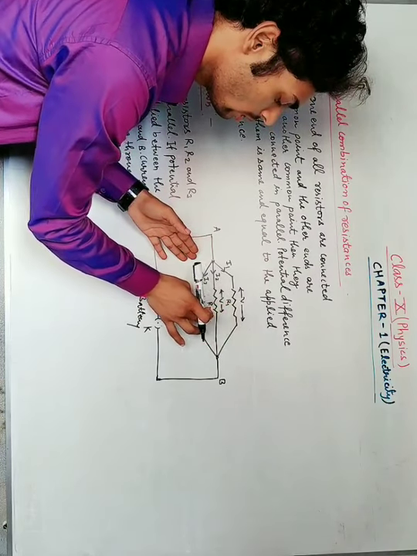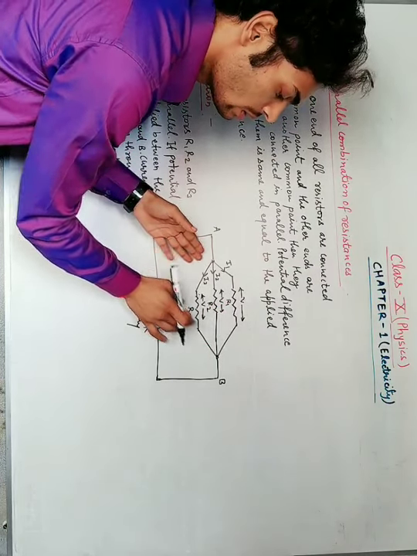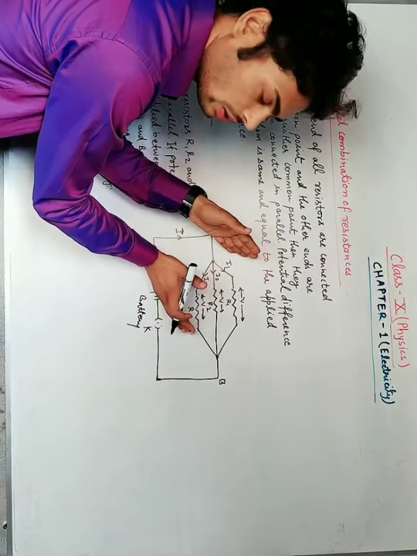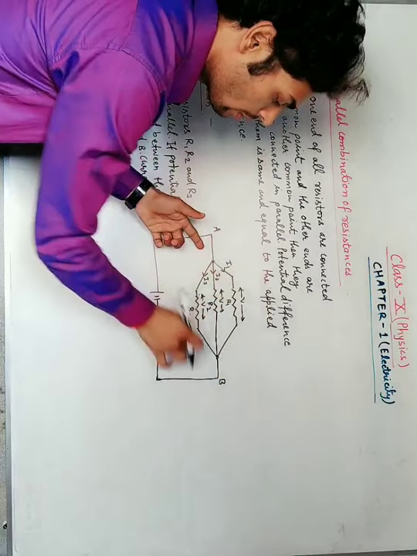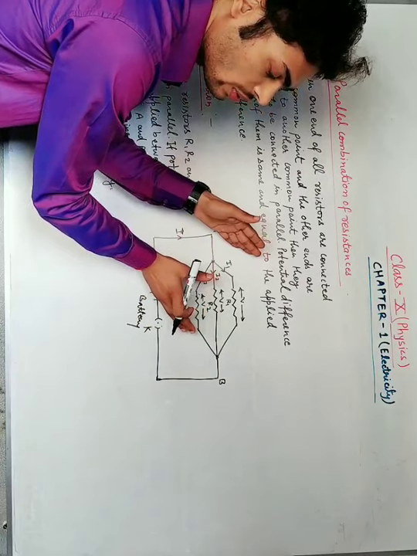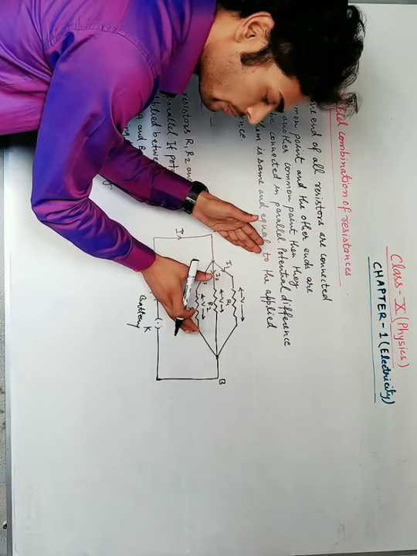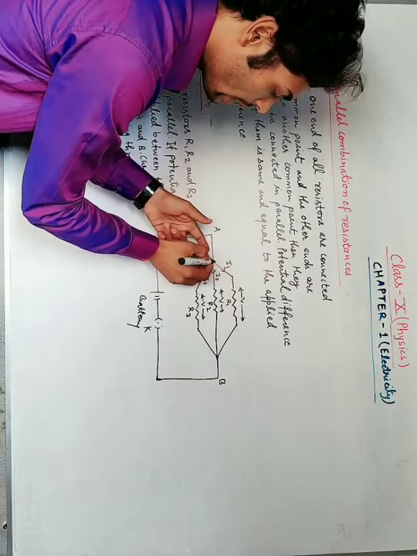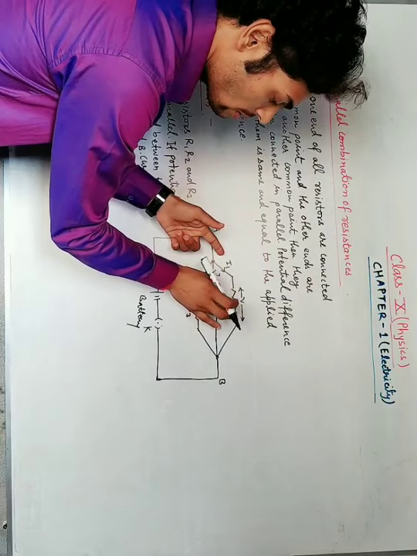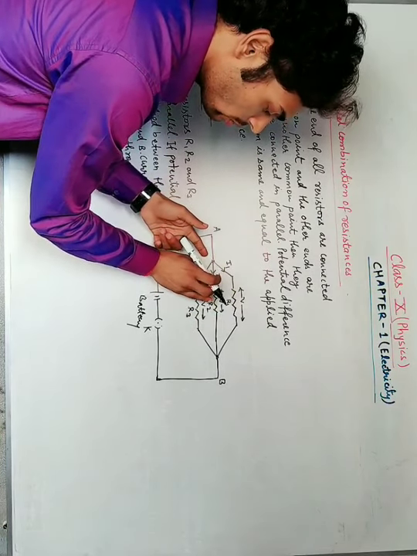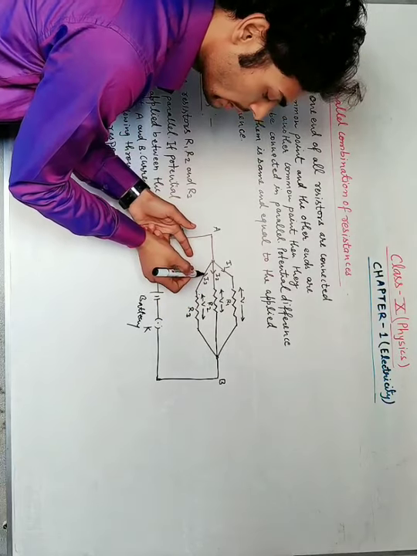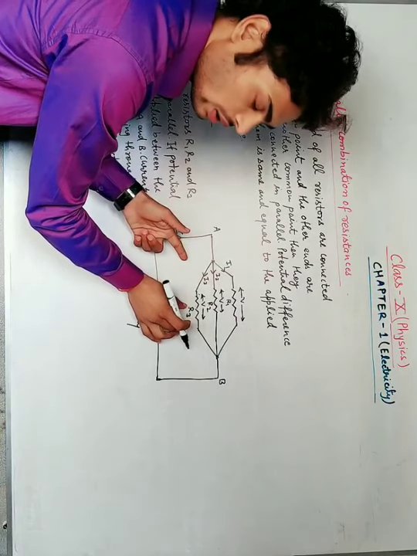Here R1, R2 and R3, three resistors, are connected in parallel, and in a parallel combination the potential difference is the same, and current I1 flows across resistor R1, current I2 across resistor R2 and current I3 across resistor R3.